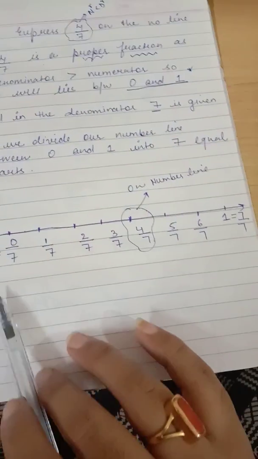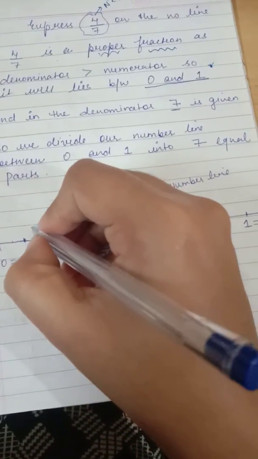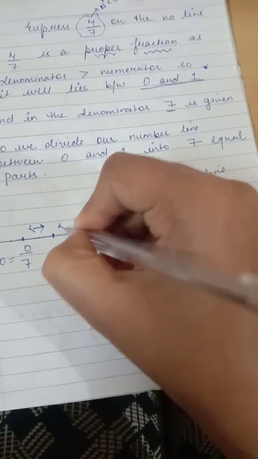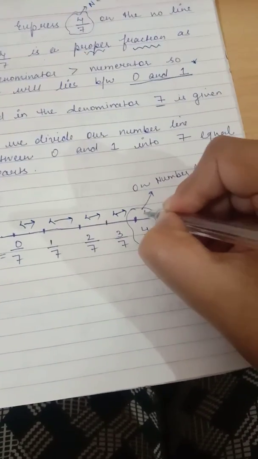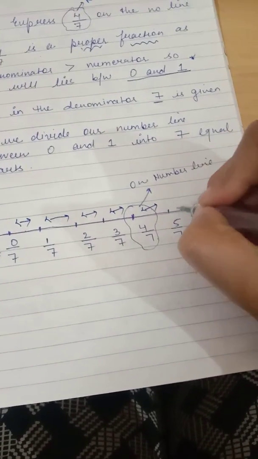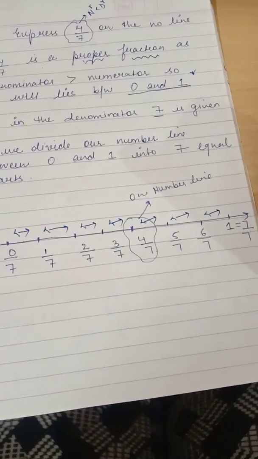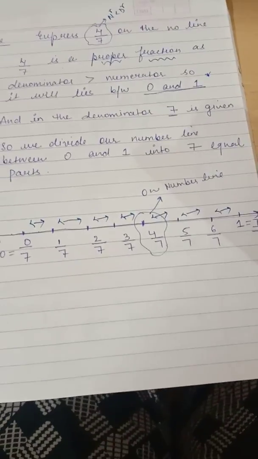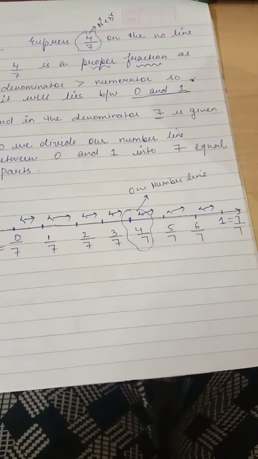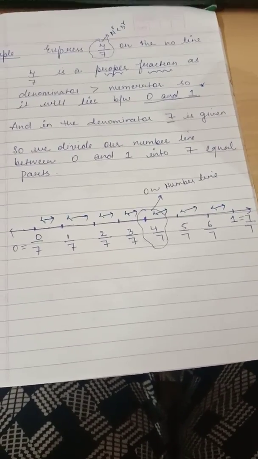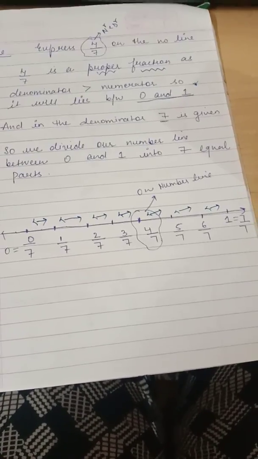So that is how you have taken, see here, this is your first part, this is your second part, this is your third part, this is your fourth part, this is your fifth part, this is your sixth part, and this is your seventh part. So out of 7 equal parts, you have to take 4 parts. Okay? So that is how we represent 4 by 7 on the number line.